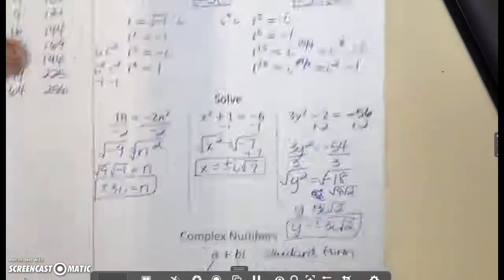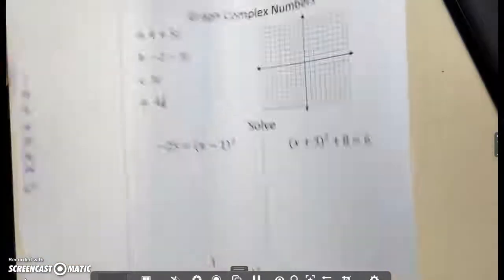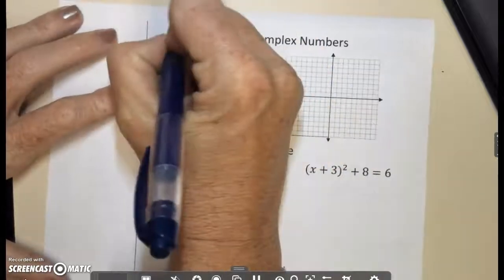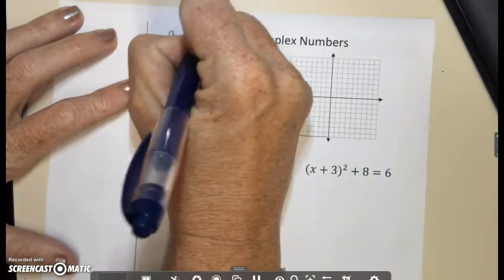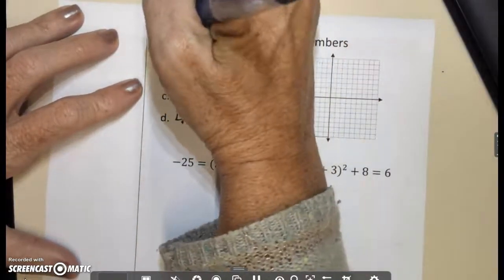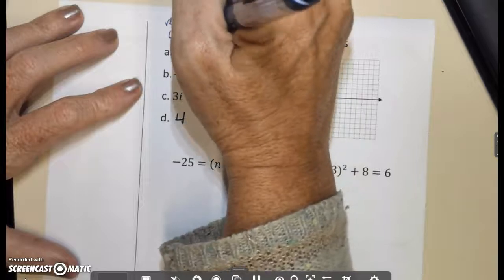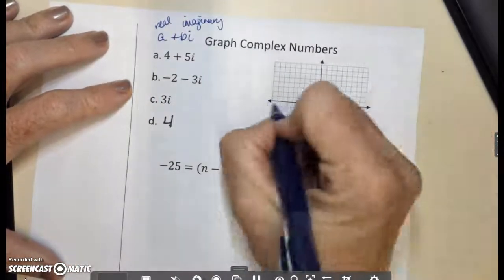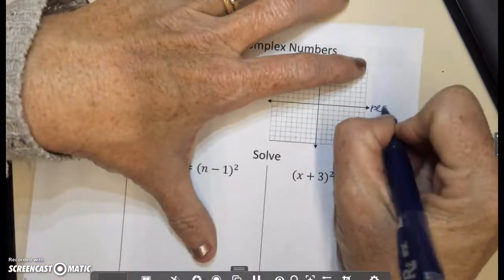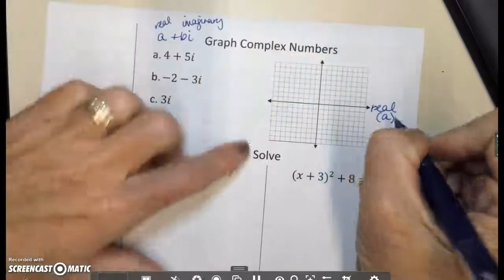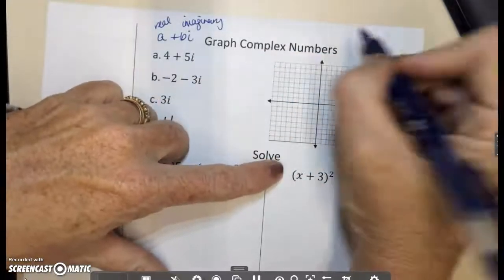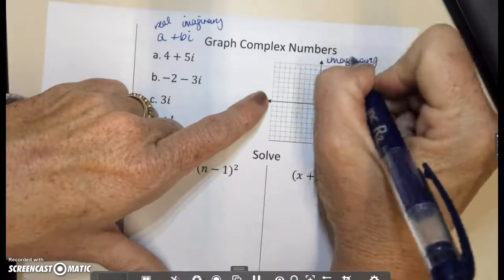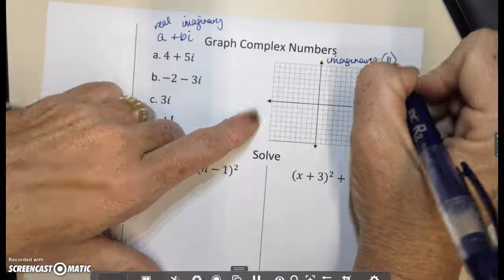Okay, moving on. So, you can actually graph complex numbers. And because of what we just learned, where this is the standard form, and this is real, and this is imaginary, you translate that to a coordinate plane, your horizontal axis is going to represent the real numbers, or the a, and the vertical axis is going to represent the imaginary numbers, or the b.